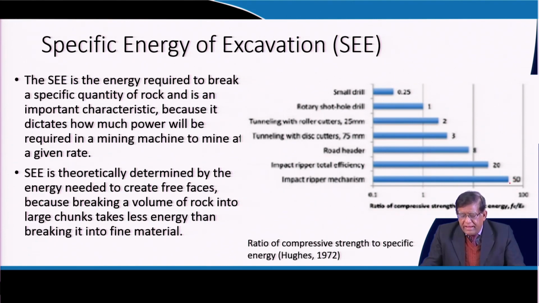That means with less energy you can break more strength. For example, in a road header it goes up to 8, but for a rotary short hole drill it is only up to 1.